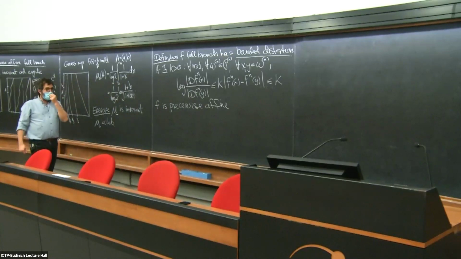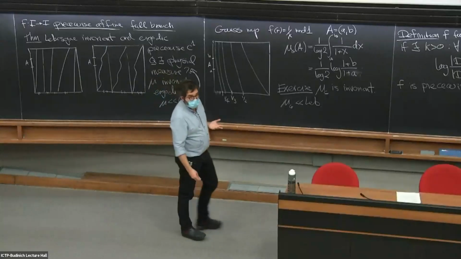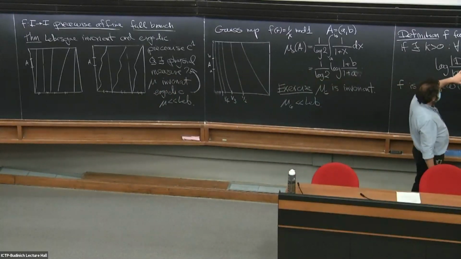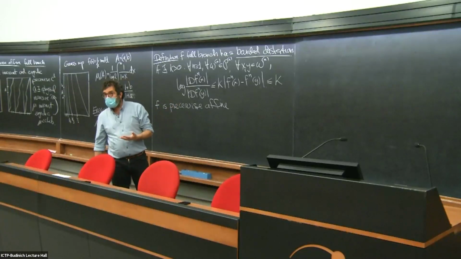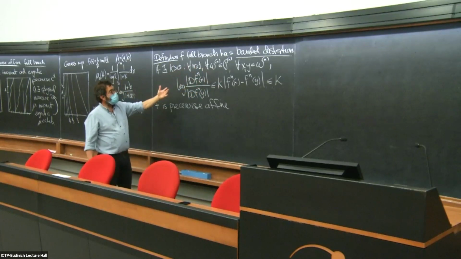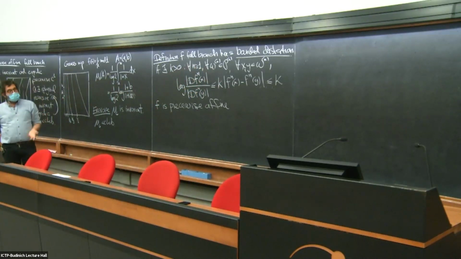So we will work with this property. It's not a trivial property, okay? And we will see also how to check it. It's also, when you look at it like this, not easy to check because it's a condition on all the iterates, right?